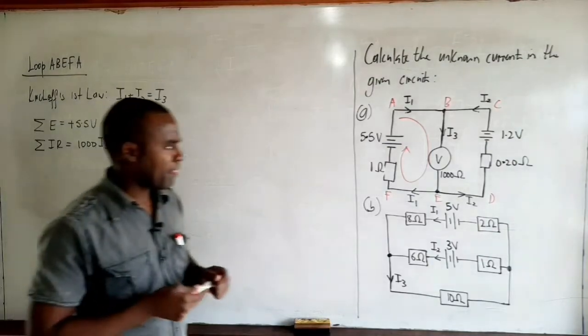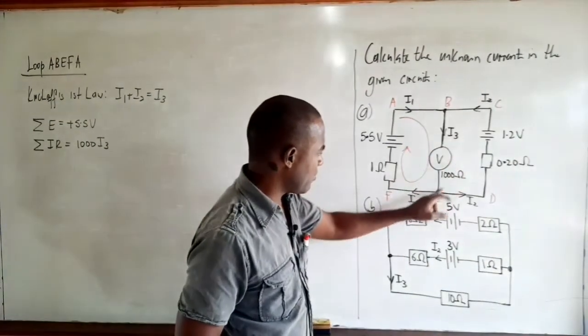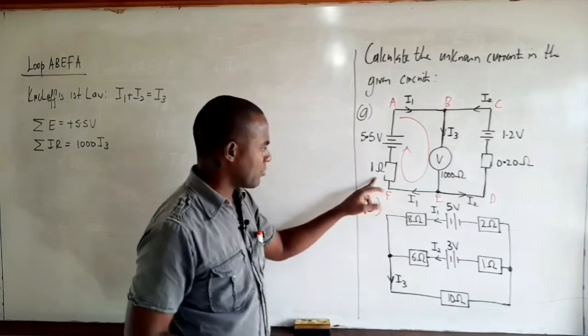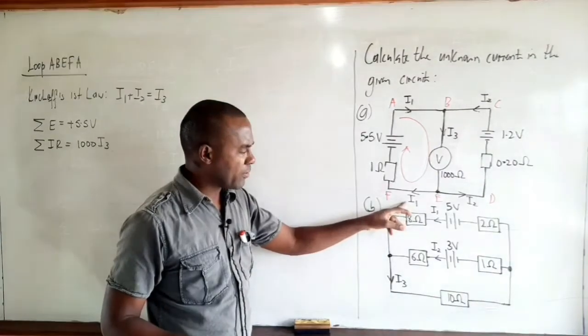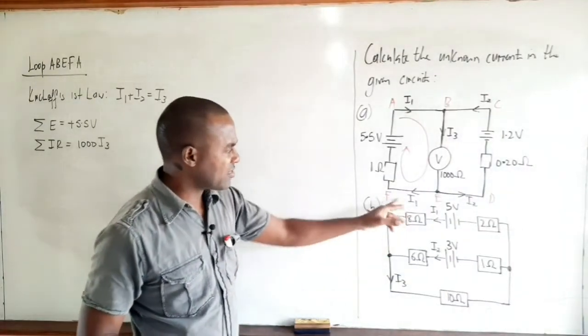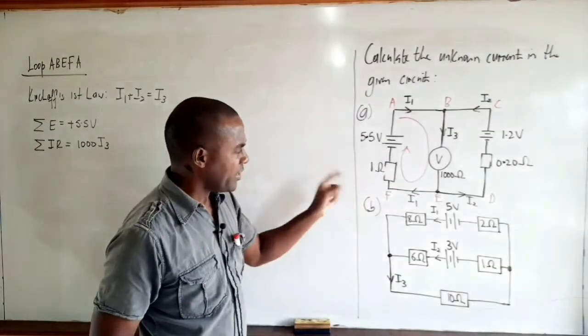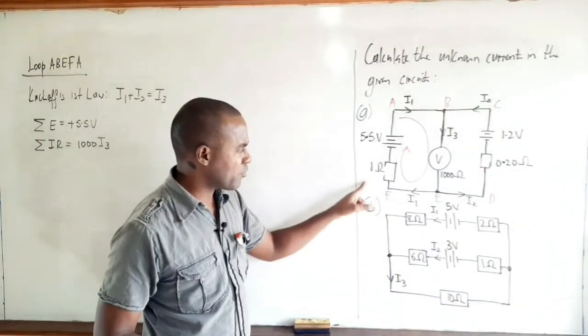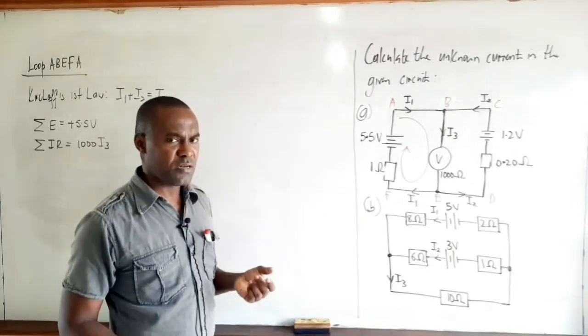And we proceed. We come around, reach E, and we go back in this direction. We encounter the 1 ohm resistor through which a current I1 is flowing. And because I1 is flowing in the same direction as we are traversing the loop, it is treated as a positive current, and therefore the PD across this 1 ohm resistor will be treated as a positive PD, right?